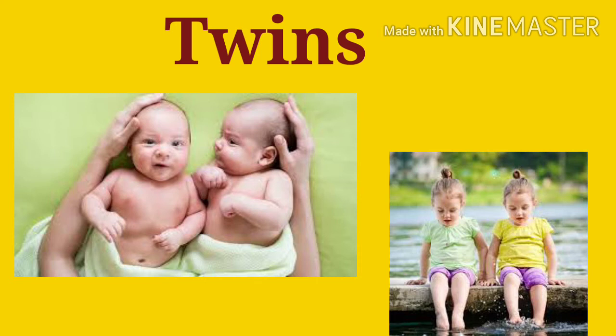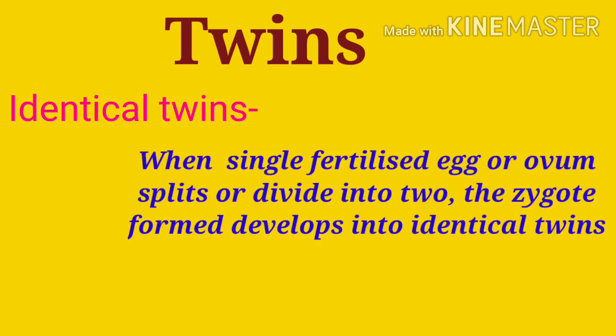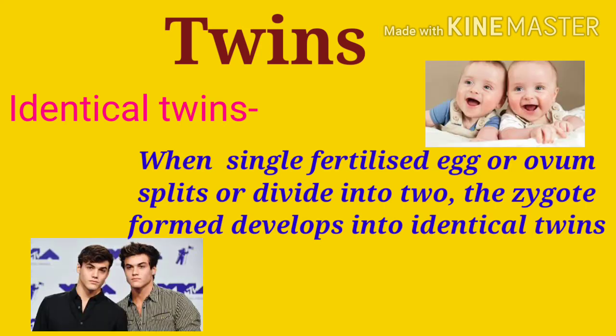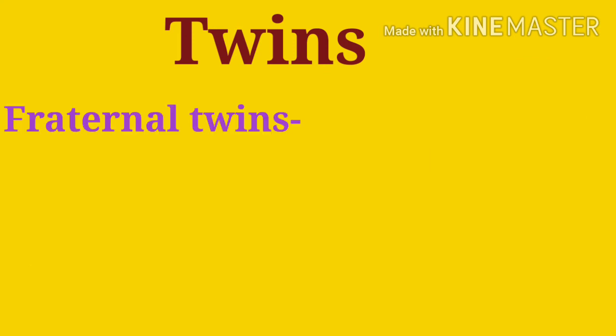When a single fertilized egg splits into two, the zygotes formed by the splitting develop into identical twins, meaning that the babies are identical to each other.